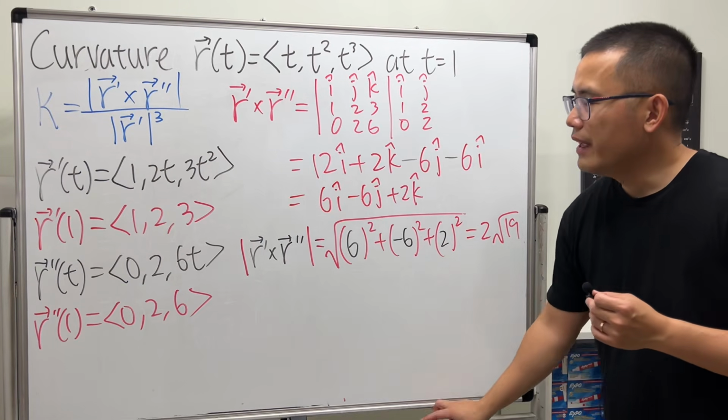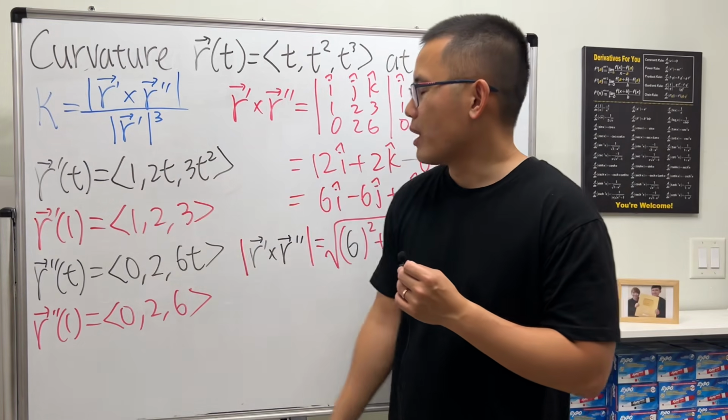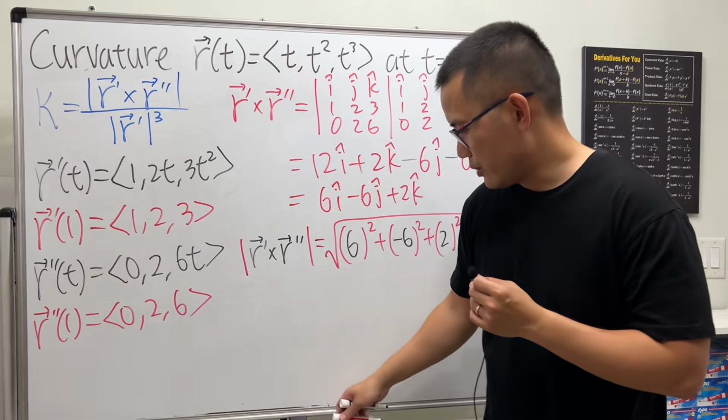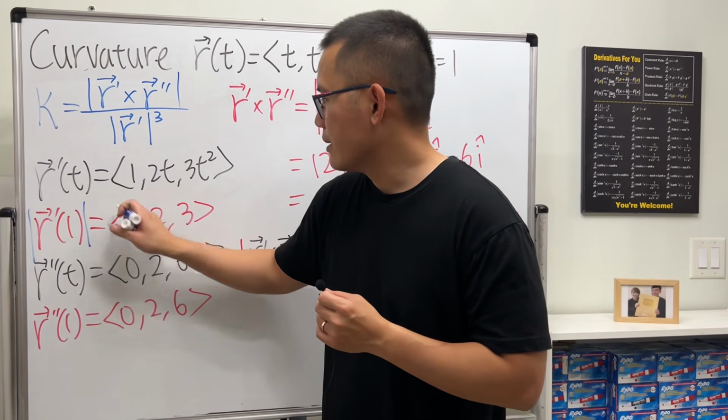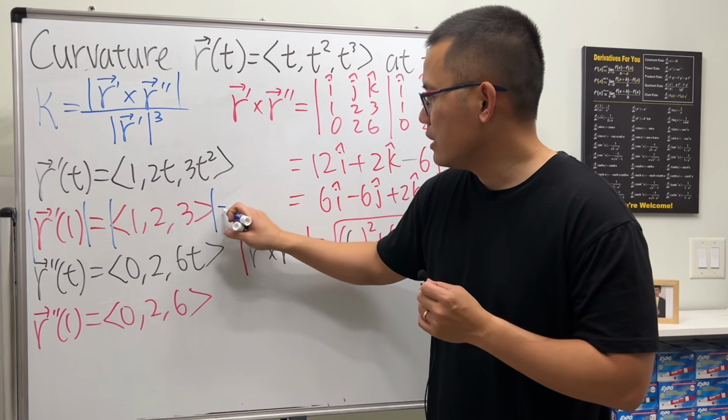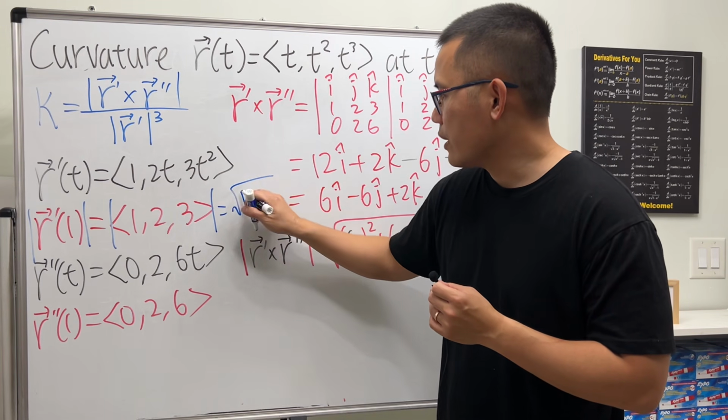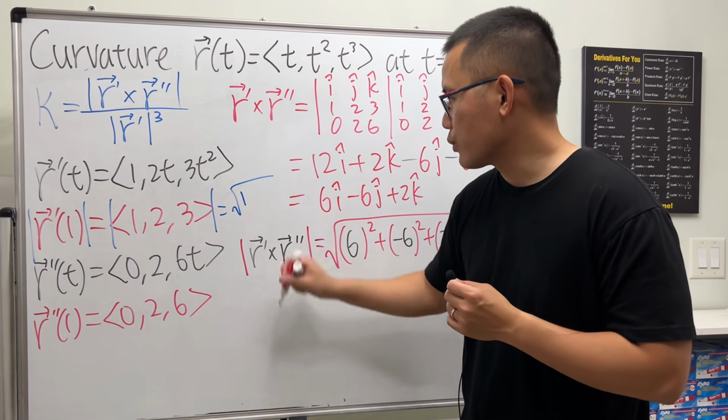Then let's go ahead and do the bottom part, which is this thing's magnitude. Perhaps I'll just do it right here to save some space. The magnitude is the square root of 1 squared plus 2 squared plus 3 squared.